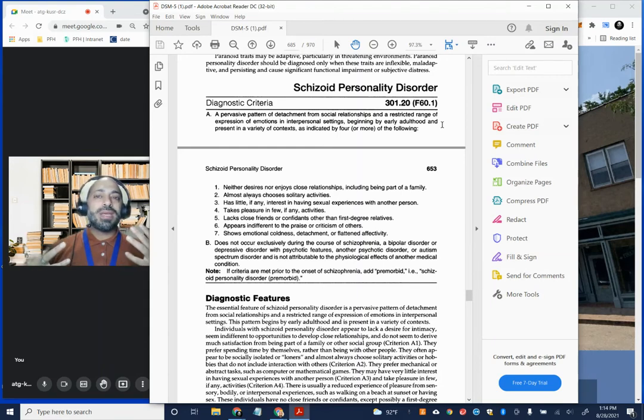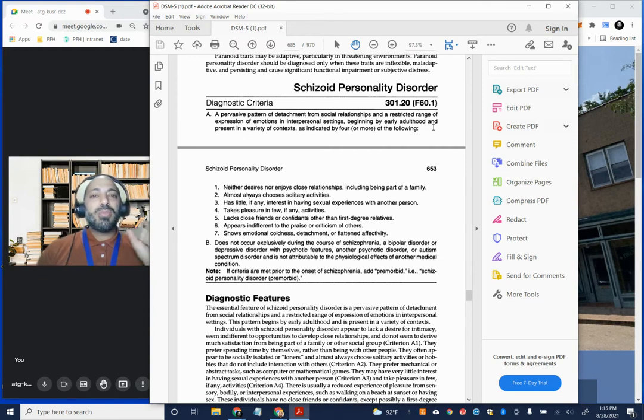You might not be able to see a whole lot of expression in my face when I'm feeling something. I might be able to get slightly happy or slightly sad, but I might not be able to go into the extremes or really be expressive. This is occurring in interpersonal settings, around people, and this is starting at early adulthood.